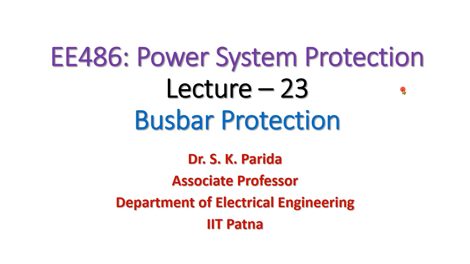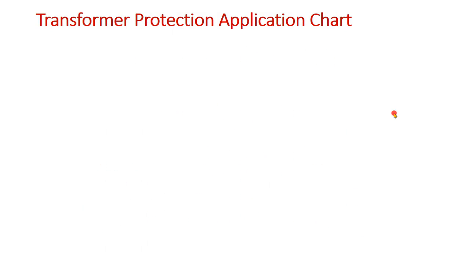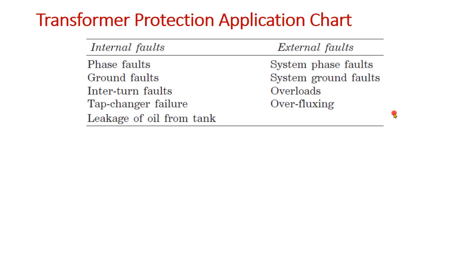And now we can summarize what we discussed in the last class. This is the transformer protection application chart, right? So in this, if we categorize the faults in a transformer, there are two types: internal faults and external faults.